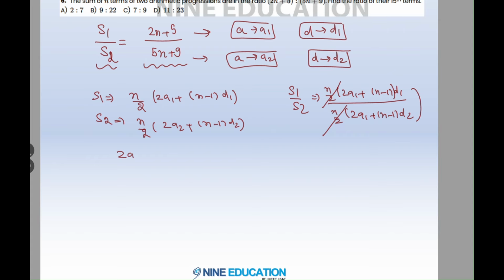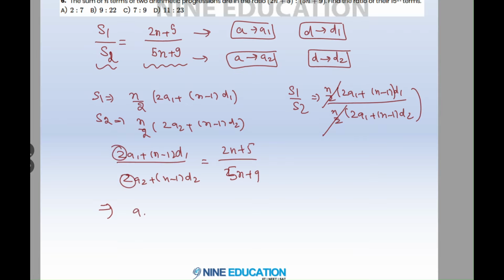Therefore, (2a1 plus (n minus 1) d1) by (2a2 plus (n minus 1) d2) equals (2n plus 5) by (5n plus 9). Taking 2 common, we get (a1 plus (n minus 1) d1 by 2) by (a2 plus (n minus 1) d2 by 2) equals (2n plus 5) by (5n plus 9).